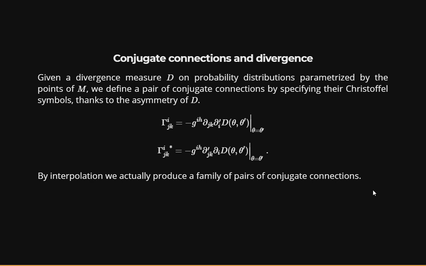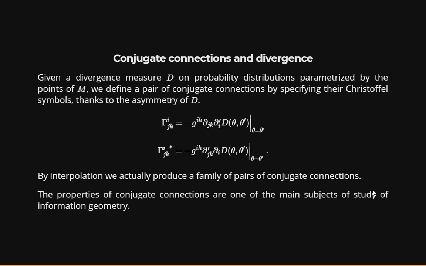But any other combination will give you a connection, and if they are opposite with respect to the Levi-Civita connection, they are conjugate. And okay, this sentence is not so informative, but you can study a lot of properties related to these conjugate connections.